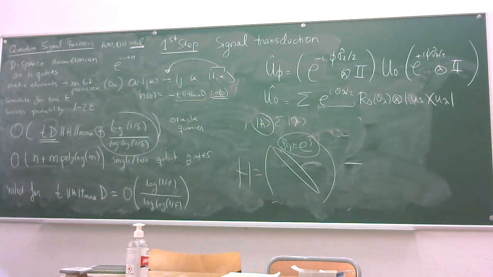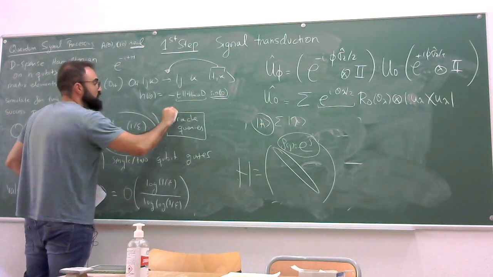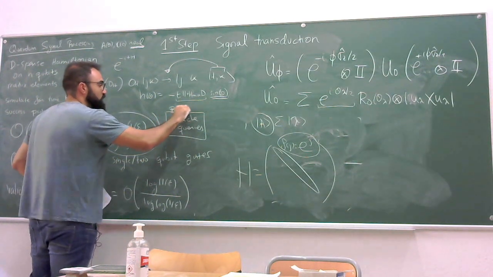So this is the most optimal known way of implementing, and it's proved to be the optimal one for implementing sparse Hamiltonians. So for sparse Hamiltonians it cannot be better than this. The thing is that we still need to analyze the complexity of this, which in the end is a black box.